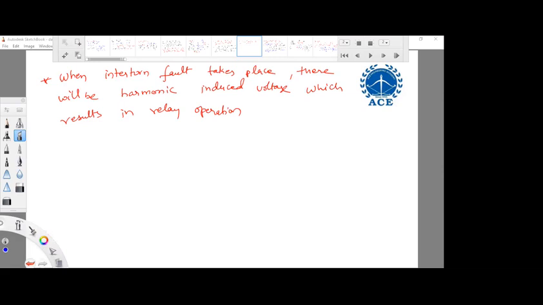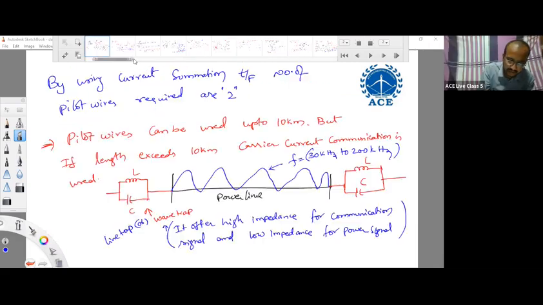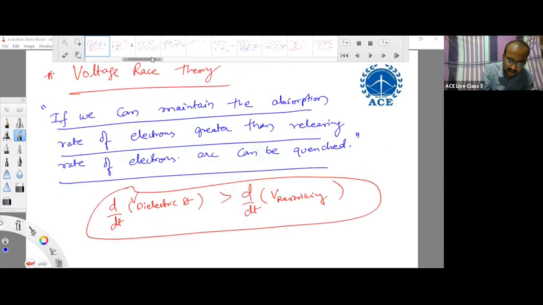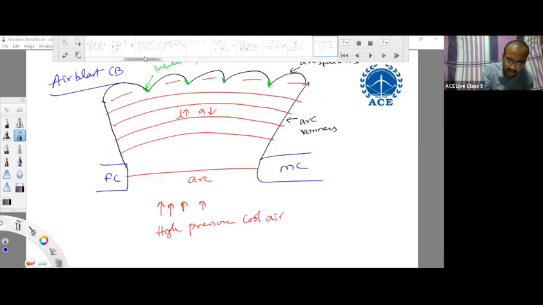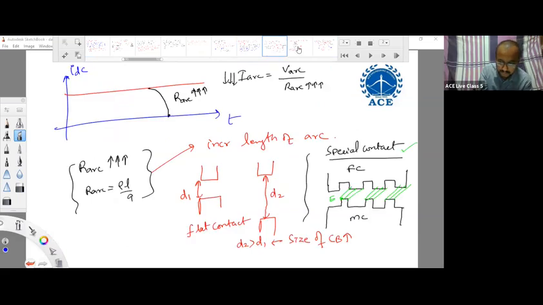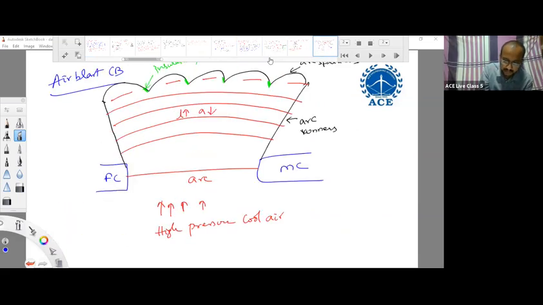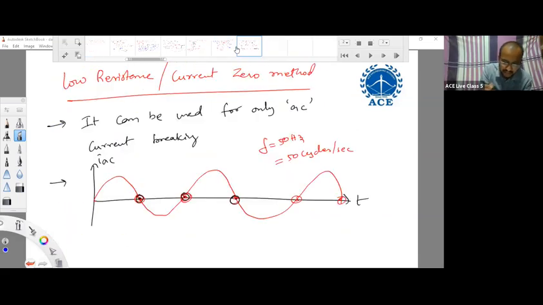Sir, the low resistance or current zero method, can you explain it, sir? In the low resistance or current zero method, this is preferred only in the case of AC, okay?